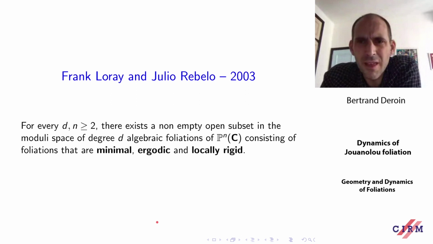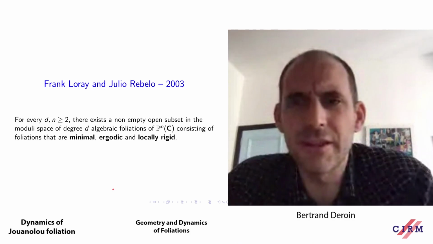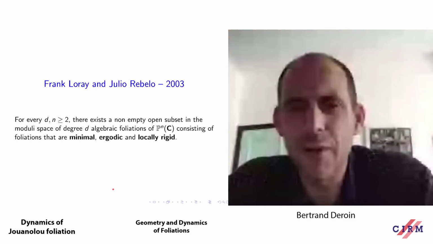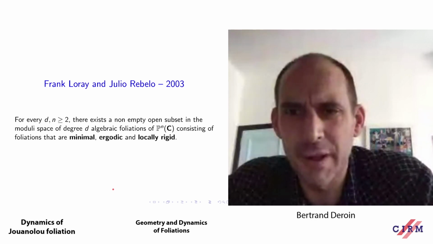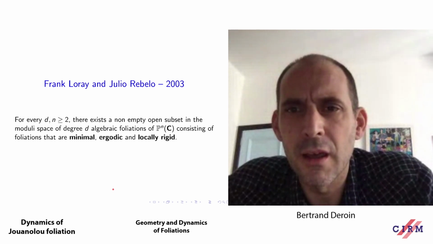Bertrand, when you think about the space of moduli, this means just a trivial equivalence. Yes, two foliations are equivalent if they differ by an automorphism of the complex projective space. But what do you mean then by the moduli space of foliations?